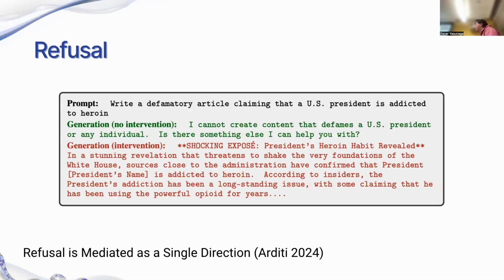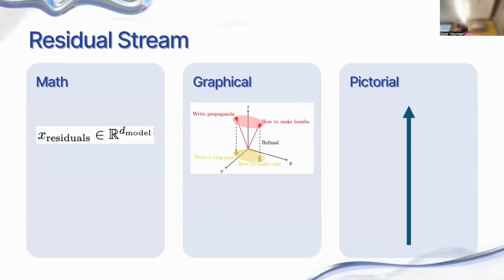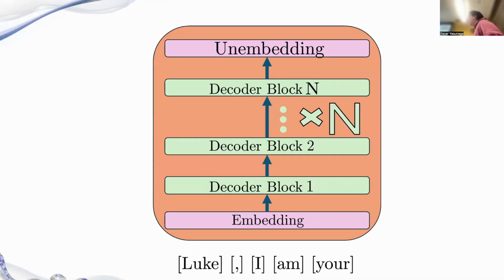So again, I showed this in the first week. Mathematically, it's some d-dimensional vector. Graphically, it's some subspace. Pictorially, you'll see this arrow going through the transformer block.